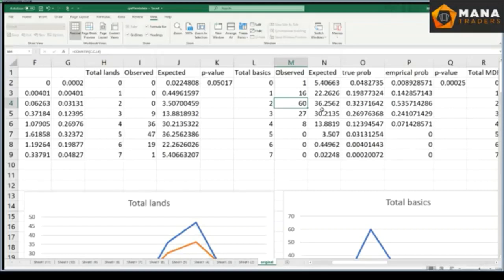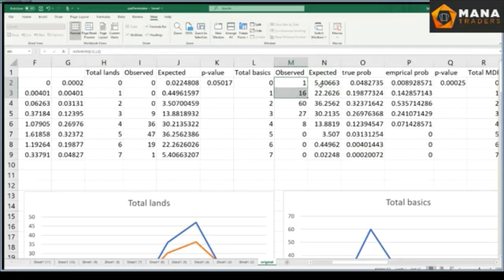For all the other counts, we got a higher number in our expectation than the observed.